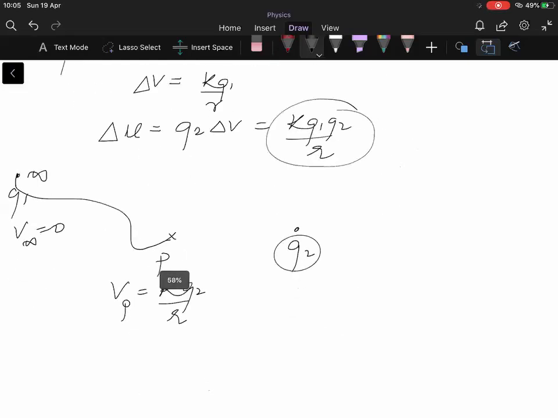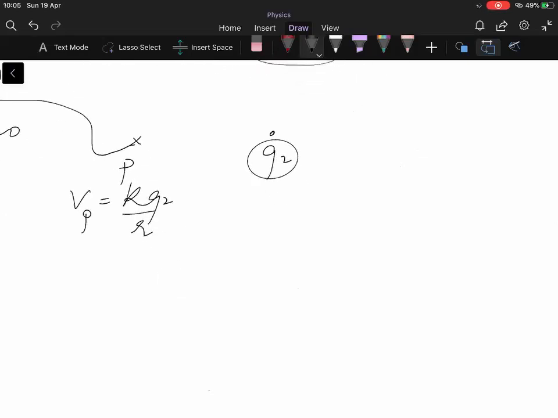Now this charge q1 has been brought in from infinity to this point p. The potential difference of the 2 points, that is Vp minus V infinity, will be given by k q2 by r. Now the potential difference change is the energy of the system.